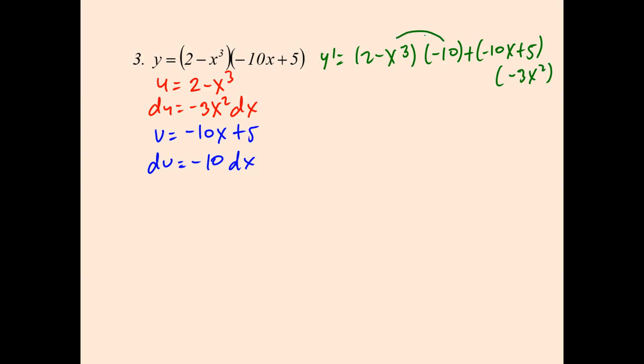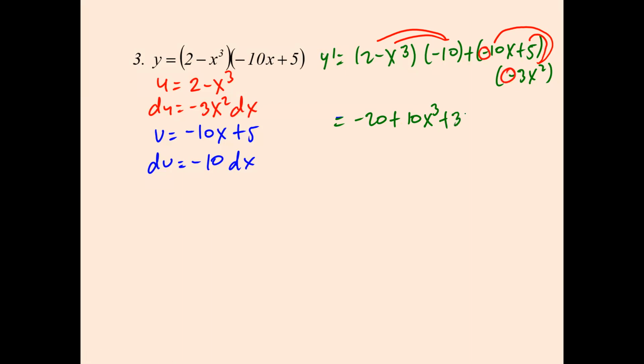Okay, so distribute negative 10 and of course distribute 3x squared. So meron tayong negative 20 equals negative 20 plus 10x cubed. I'm sorry. Yes, plus kasi negative times negative is positive.